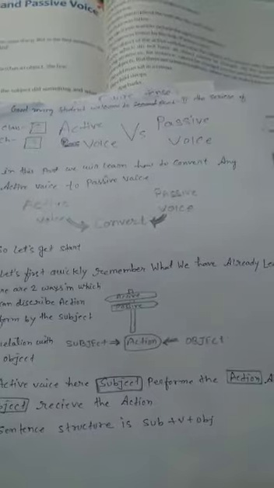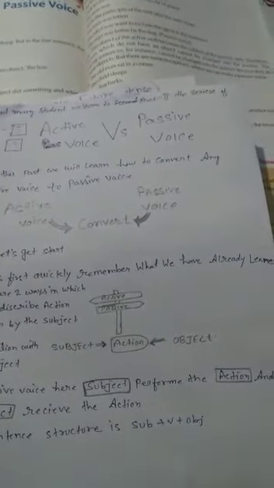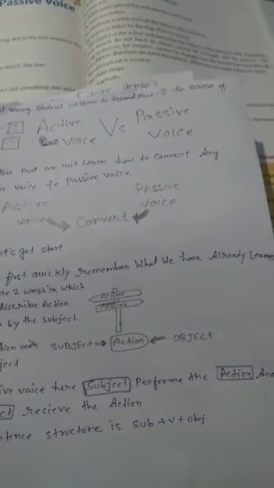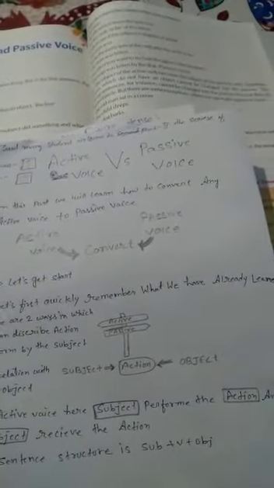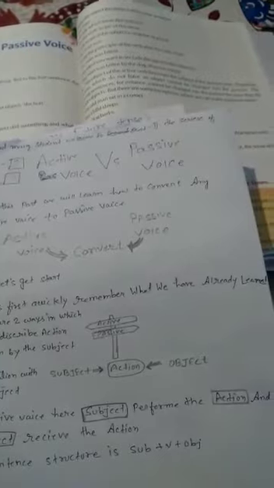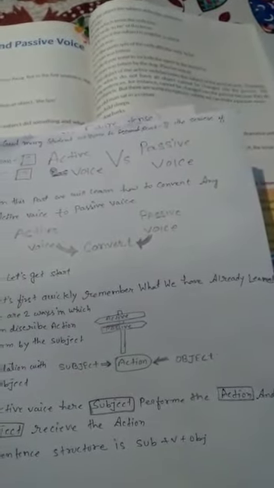So let's get started. Let's first quickly remember what we have already learned. There are two ways in which we can describe an action performed by the subject in relation to the object. Active voice: here the subject performs the action and the object receives the action.